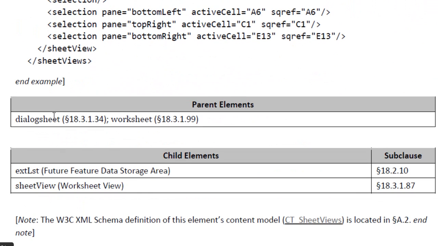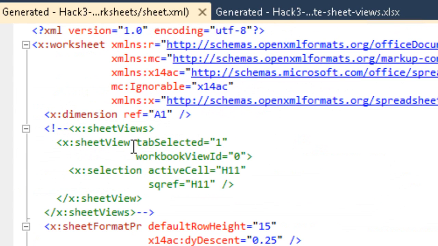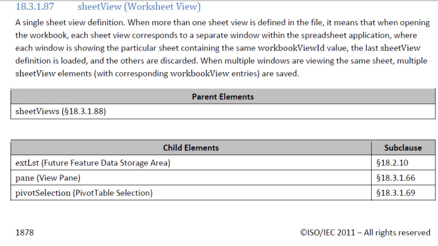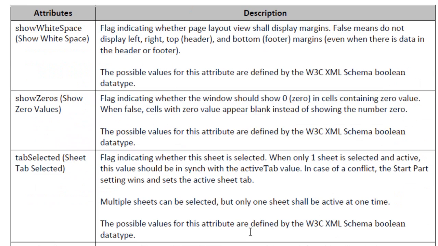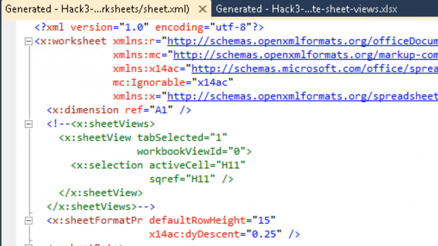And sure enough, sheet views contains a sheet view element right here. So let's click into there. And this sheet view element has tab selected equals 1 and workbook view ID is equal to 0. This tab selected indicates whether this sheet is selected. Only one sheet is selected and active, so that looks basically reasonable.